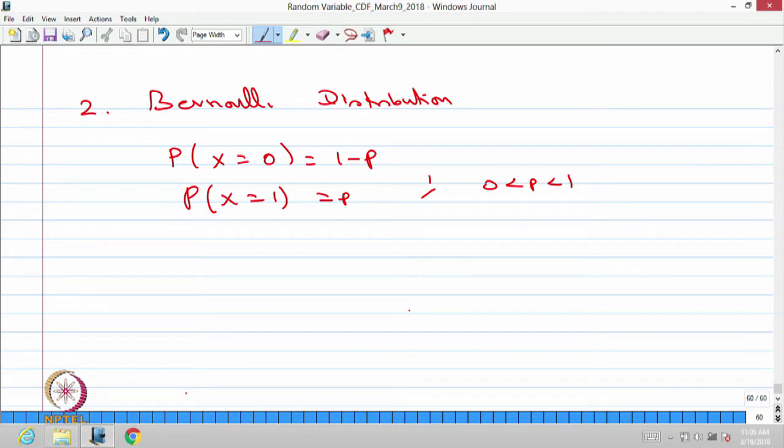Otherwise, it is 0. That means the probability mass function P of x is p when x takes the value 1 and 1 minus p when x takes the value 0, otherwise it is 0.